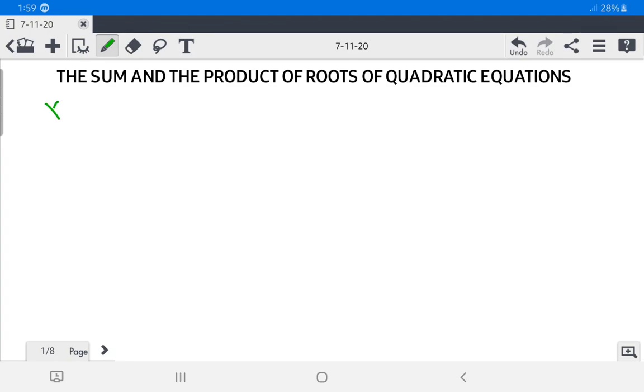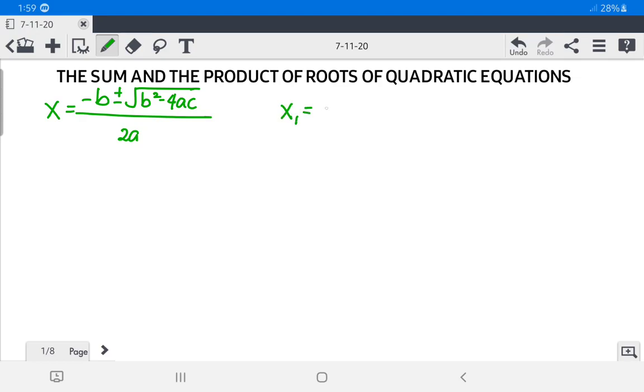We have x is equal to negative b plus or minus square root of b squared minus 4ac over 2a.